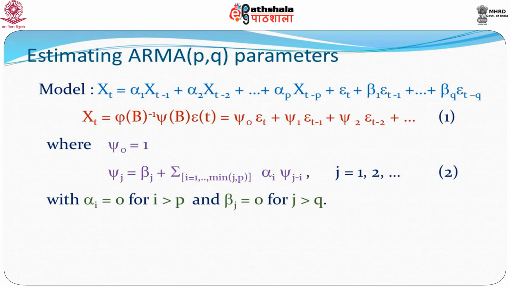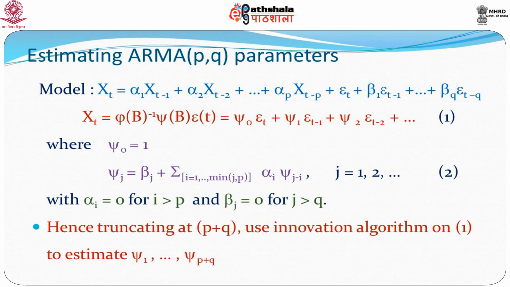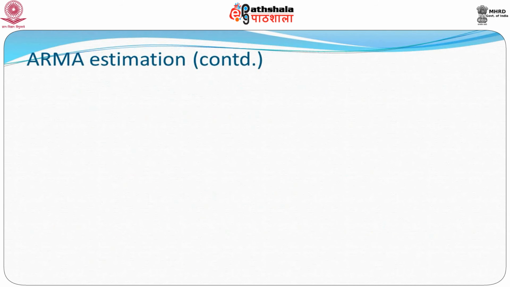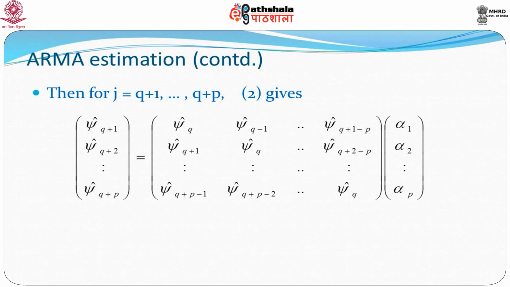Now, once we have this, let us truncate this infinite lag model to p plus q terms, and then use the innovation algorithm to estimate psi_1 up to psi_{p+q}. And then what we do is we take j equal to q plus 1 to q plus p. Then we can write the equations.